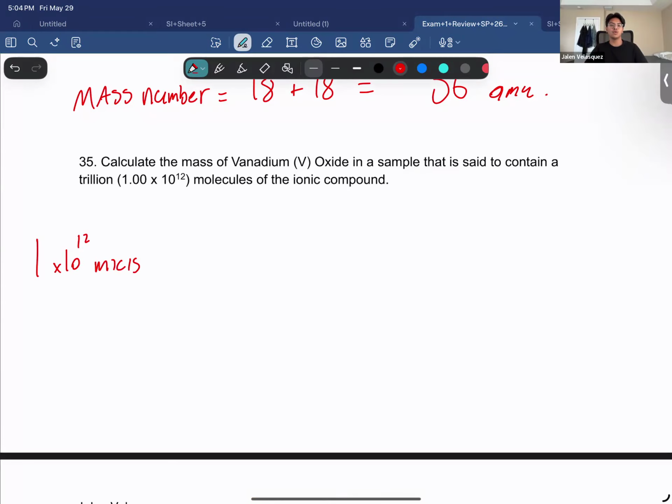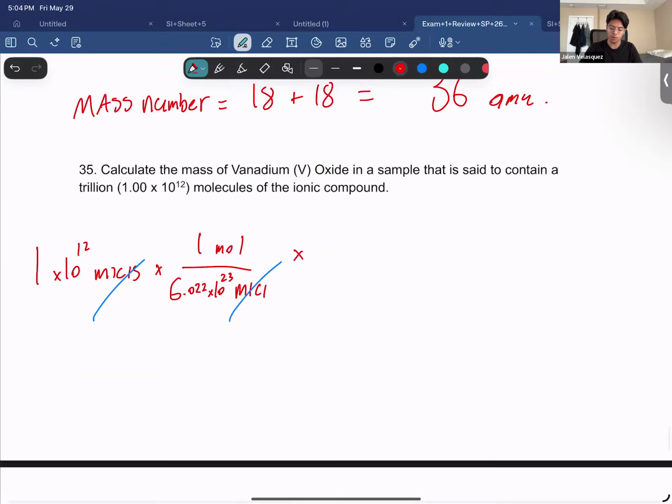We have to do a pit stop at the unit of moles, right? And we can certainly relate the number of molecules to a mole by using Avogadro's number, right? So the molecules cancel. I'm in the moles, and I now can go from the moles to the grams by using the molar mass.